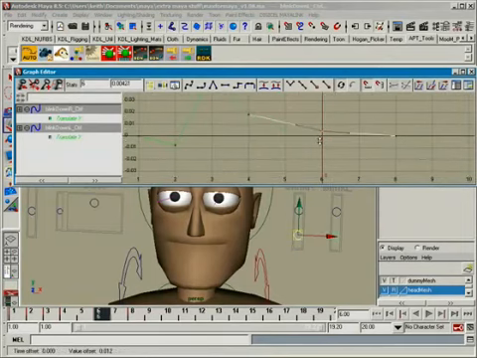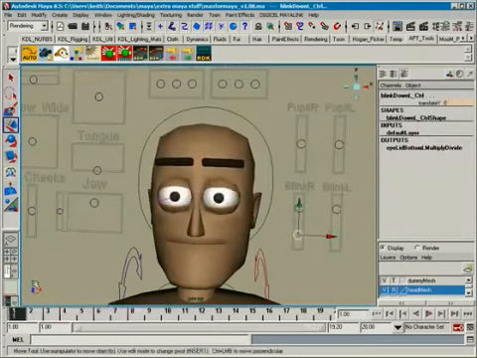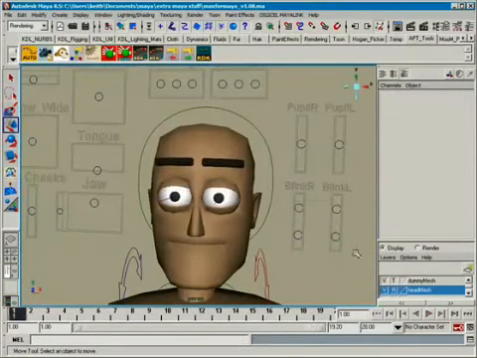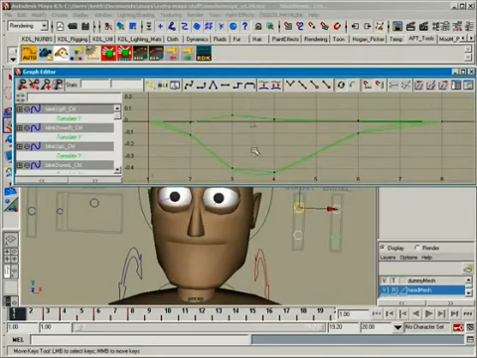So there we go. Okie dokie. And take all these, spline them, flatten them.